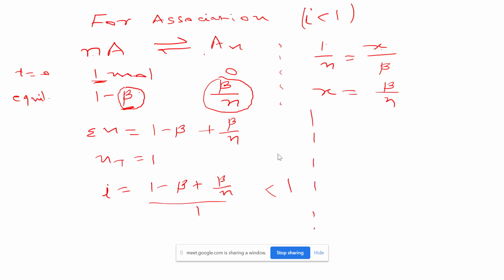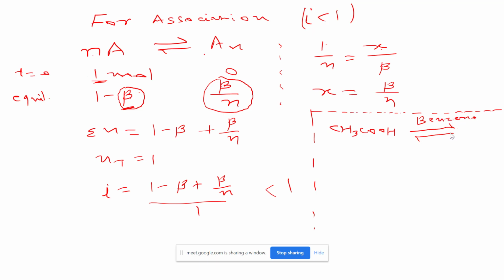Sir, can you explain this only with the help of another compound? Yes, exactly, we can take. So now I am taking an example of association. Do you know acetic acid? Yes, sir. The formula is CH3COOH. Now if we mix acetic acid in a solvent, that is benzene, then what happens?